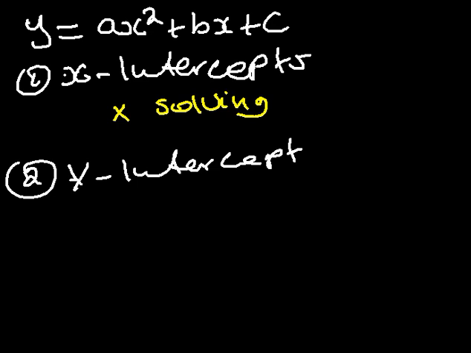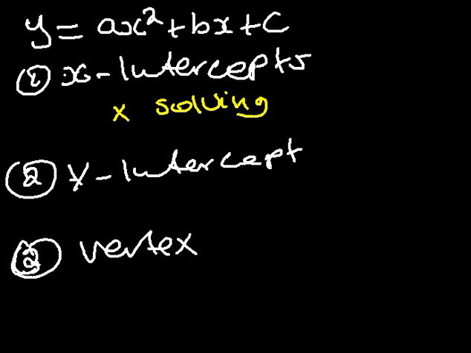And we also need to have what we call the vertex. A vertex is the coordinates at the turning point. Mind you, the graphs of the quadratic functions possess a parabolic curve, hence they may be concave upwards or downwards.